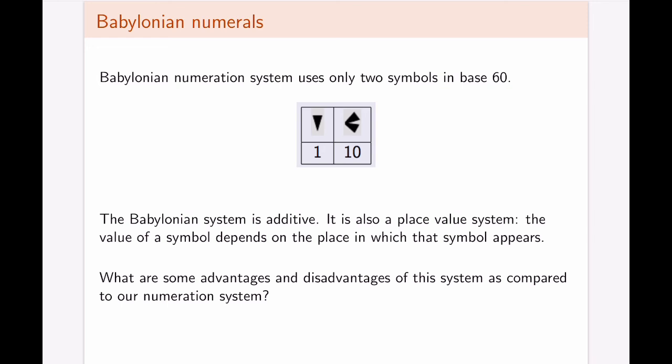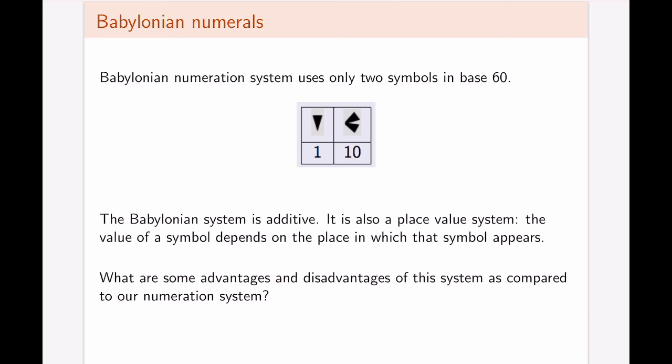Once again, we can really start digging deeper about thinking what this system was good for when we think of its advantages and disadvantages. So go on Padlet and write down some, or read through and write down some advantages, disadvantages of this system as compared to ours, or as compared to the Egyptian one, or as compared to the tally system.